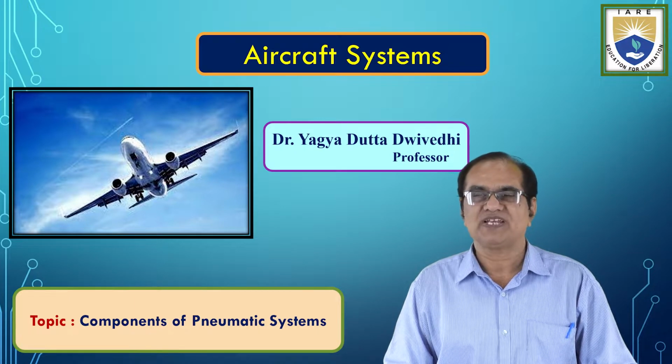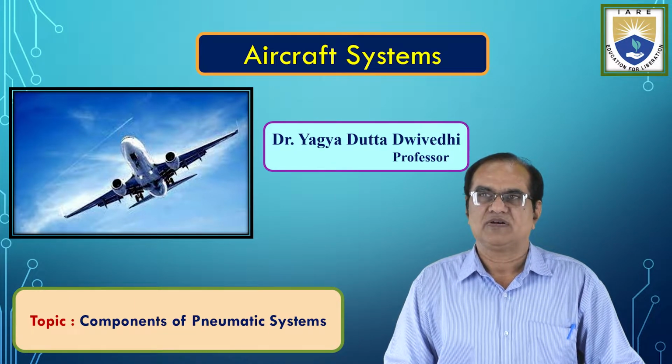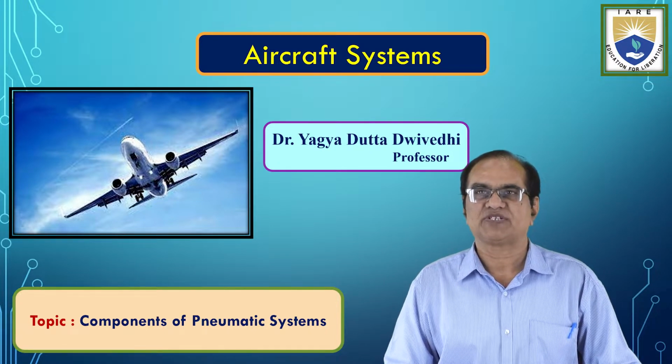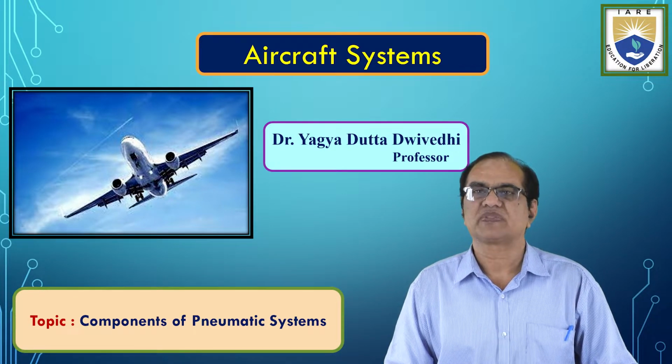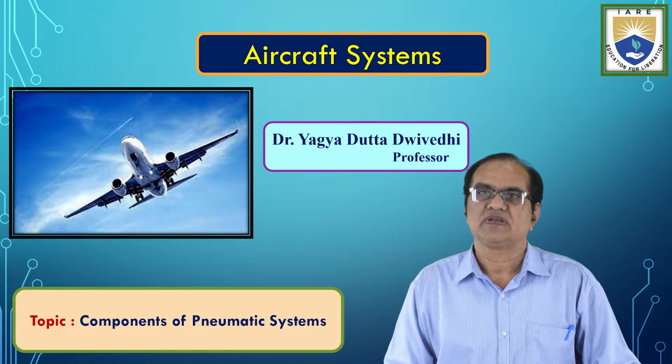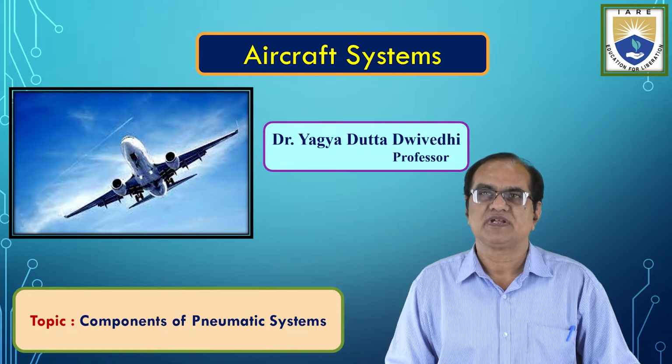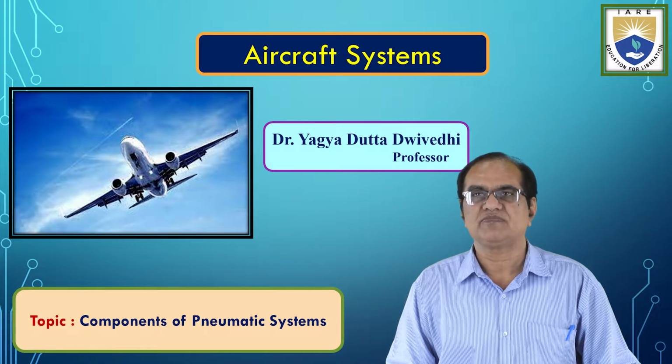It has the 4 pillars of support. First pillar is aircraft structures or airframe. Second pillar is vehicle system. Third one is avionics system, and fourth one is mission system.